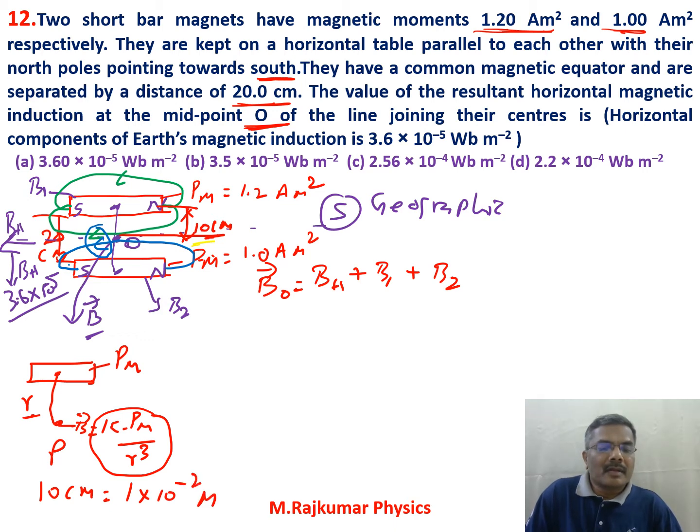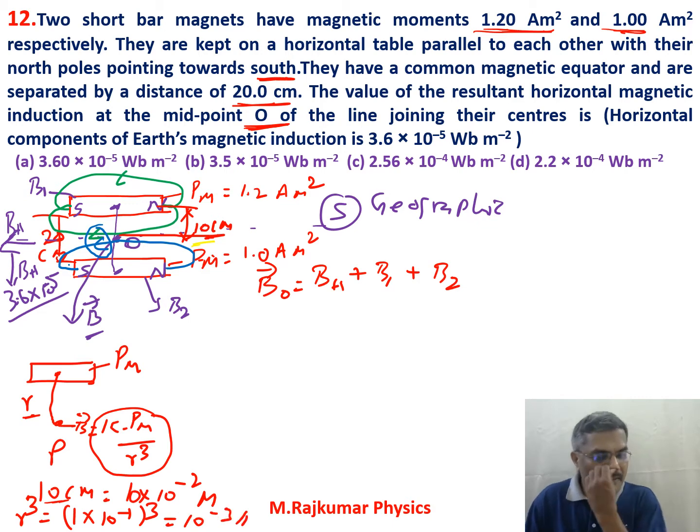So R whole cube is 1 into 10 power minus 1 cubed, which becomes 10 power minus 3. This is the R cube value.